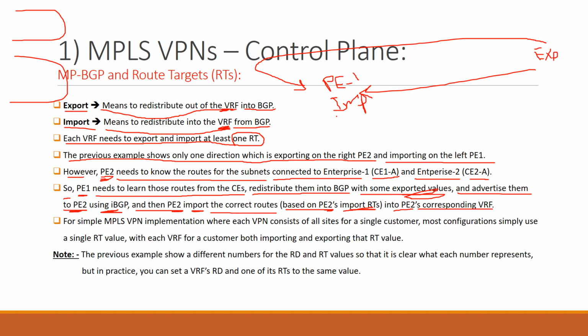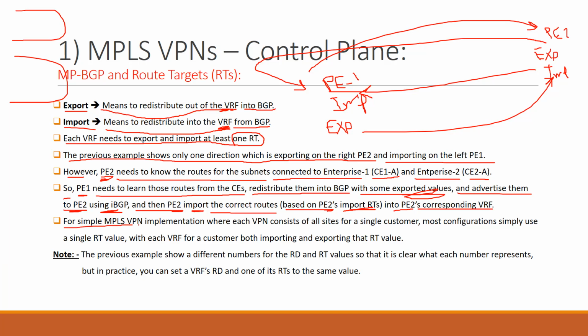And similarly, the export route target value on VRF1 on PE1 should match the import value on VRF1 on provider edge 2. So the learned routes on VRF1 will be stored on VRF1 on PE2. It's that simple.